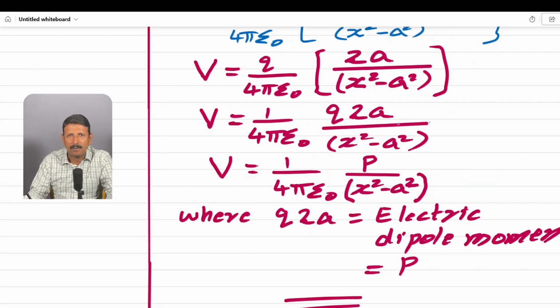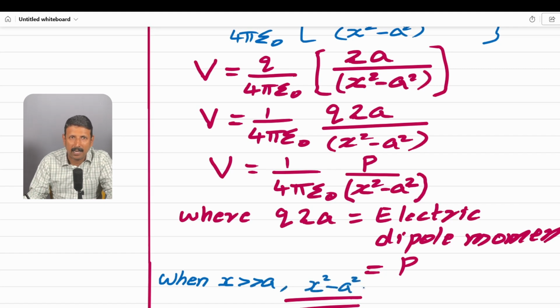Just finish this one. So the term name is electric dipole moment, and the letter used to represent that is P. And we can come to the special case, which is when the point is far away. In the question it is given in this format: x much greater than a.